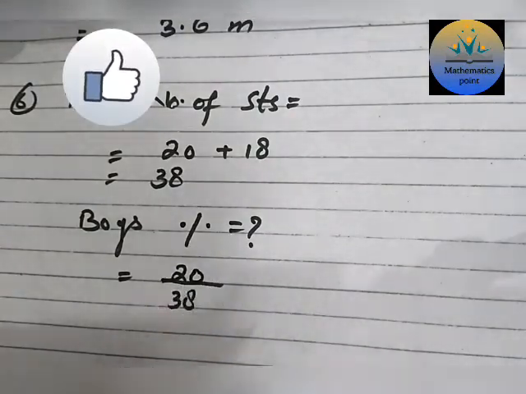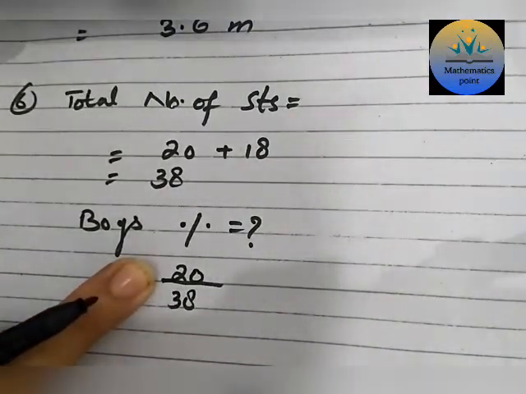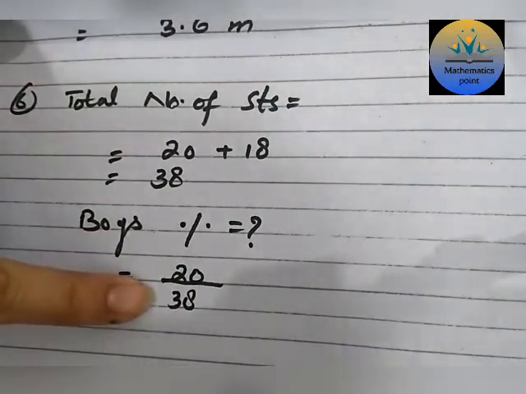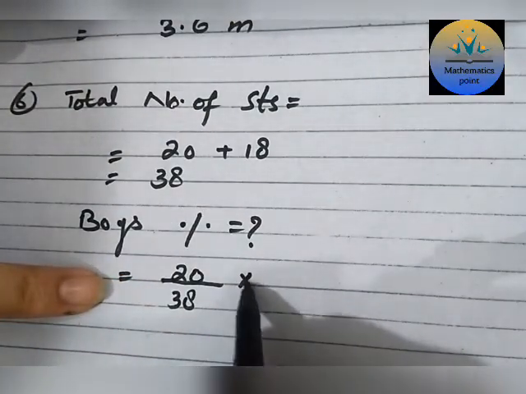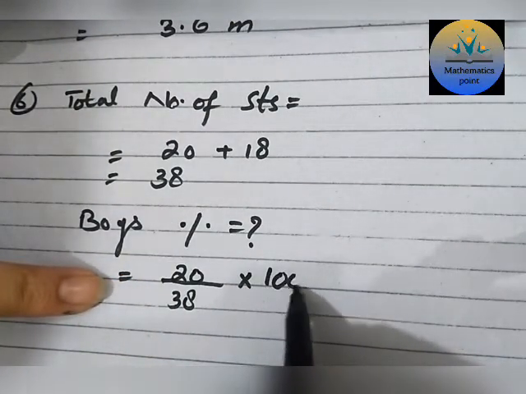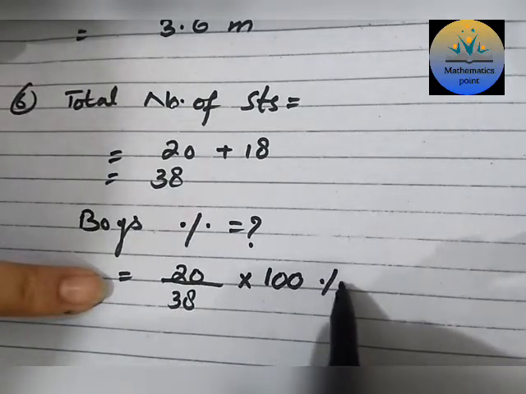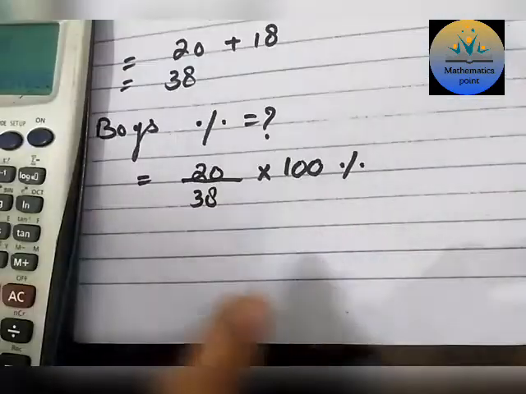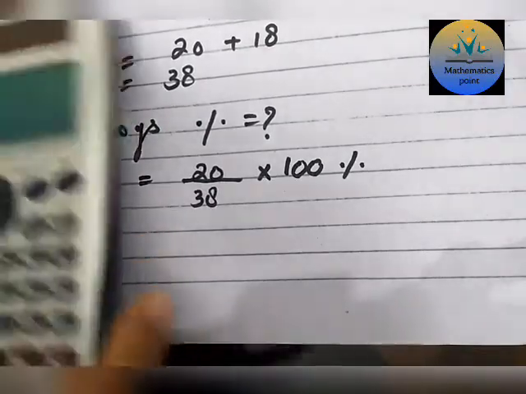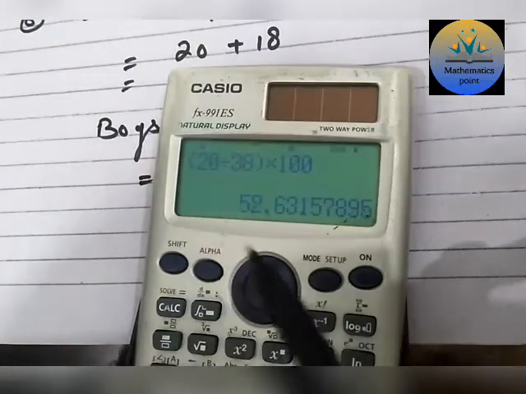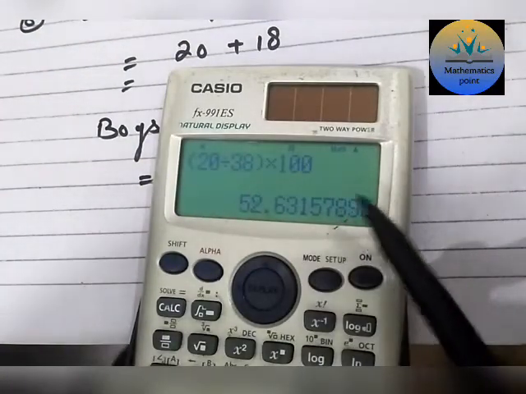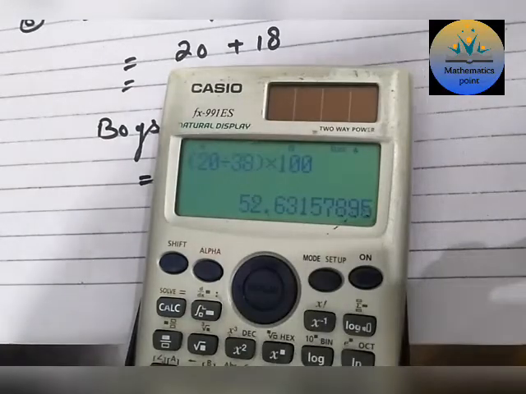This is like supposing you score 20 marks out of 38 in a test, and we have to find the percentage. So for percentage, always multiply by 100. In these calculations, look at the calculator: 20 divided by 38 multiplied by 100, so we get the answer 52.63.